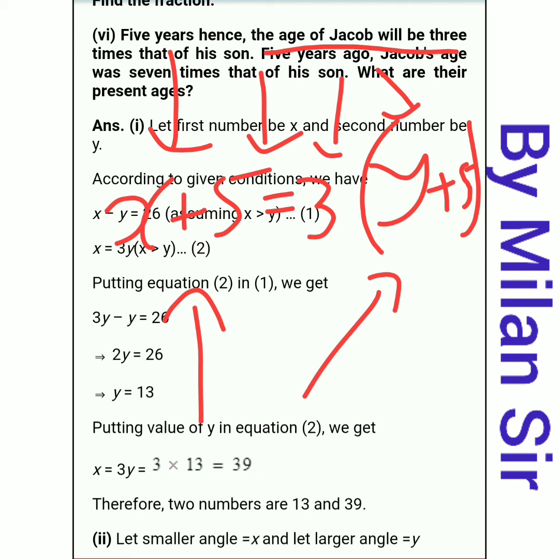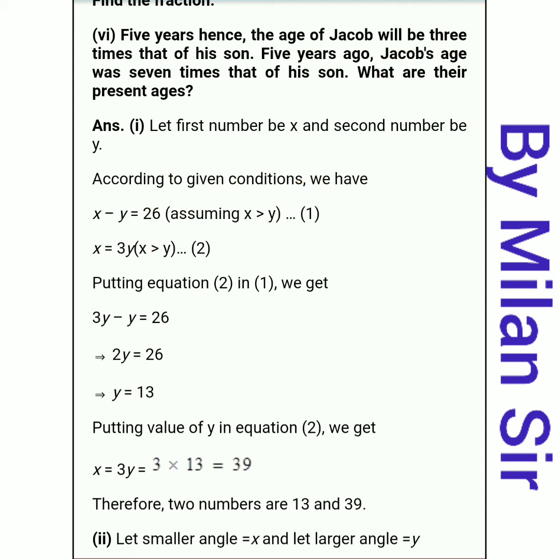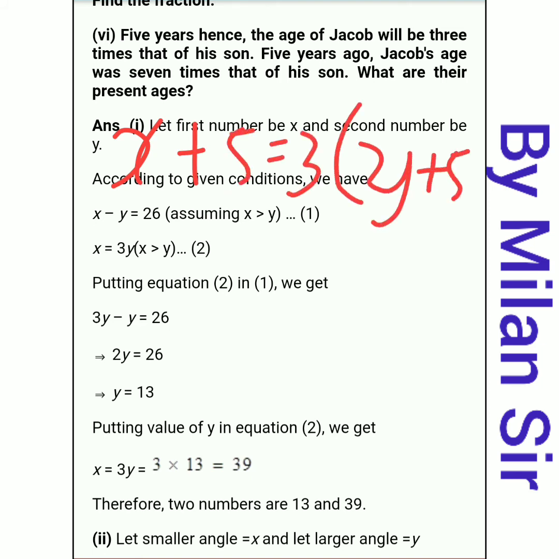Now from that we need to find the equation. Here x plus 5 is equal to 3 times y plus 5. Now we can directly find x from here, right? We just need to transfer our 5 to the right hand side. So x is equal to, first of all multiply this 3 with this bracket.